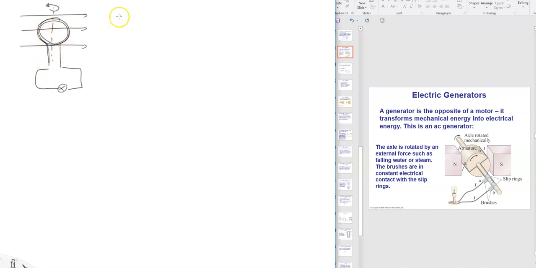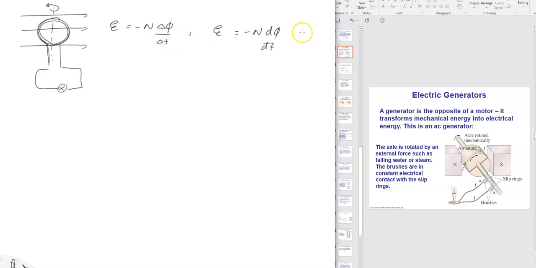It's given by voltage equals negative N times flux change over time, or using a little bit more math, we can say equals negative N dψ/dt. So the amount of voltage it produces depends on how many turns there are and how fast the flux is changing.